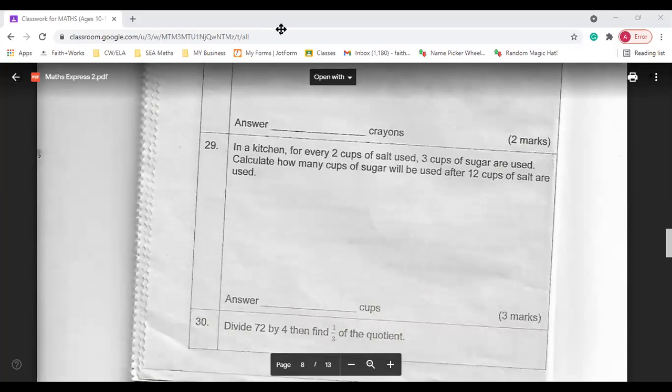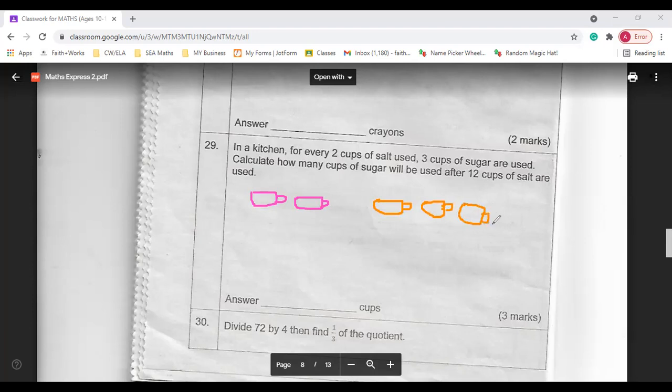All right. So let's say 2 cups of salt. So we have 1 cup here, 1 cup here. This is salt. Then we have 3 cups of sugar: 1, 2, 3.